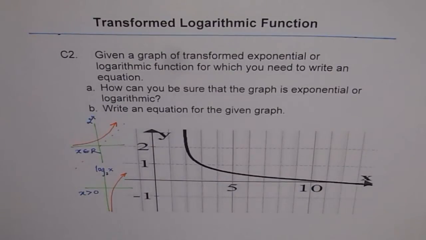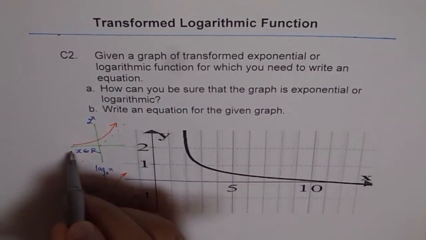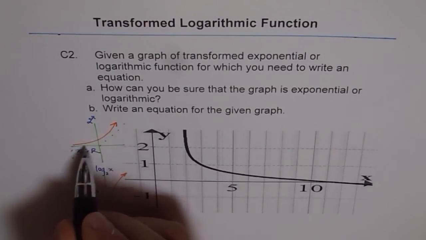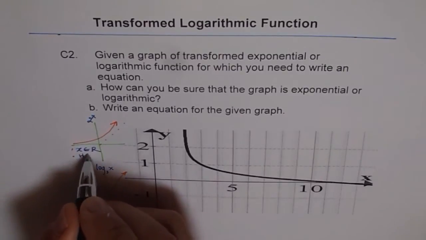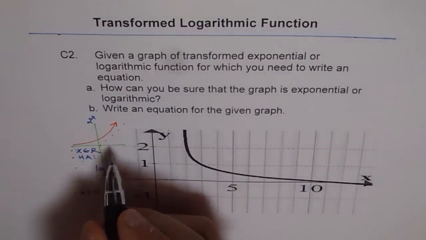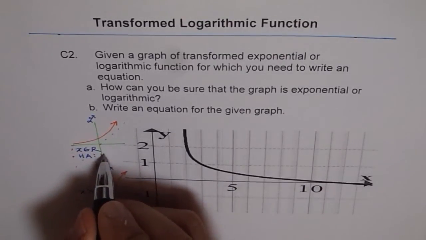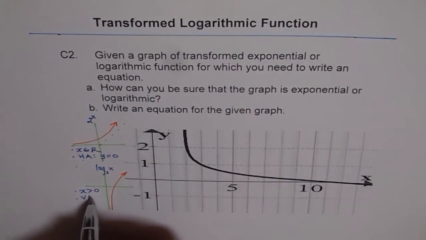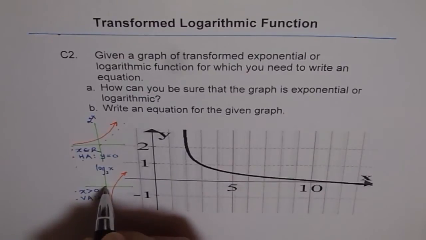The second major difference which can be observed from the graph is about the asymptotes. So the second major is asymptote. You have a horizontal asymptote. That is important. And for the normal basic function, it will always be at y equals 0, correct? And here we have a vertical asymptote, and that will be at x equals 0.